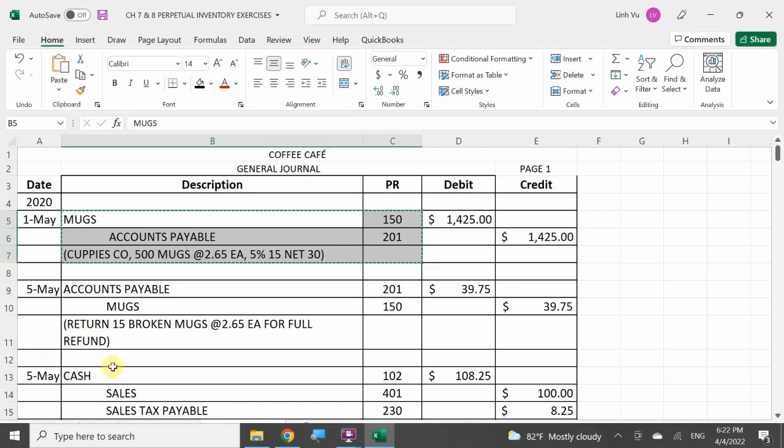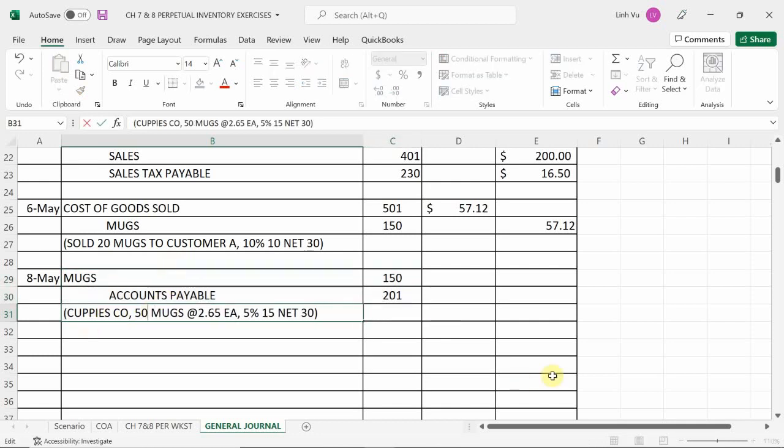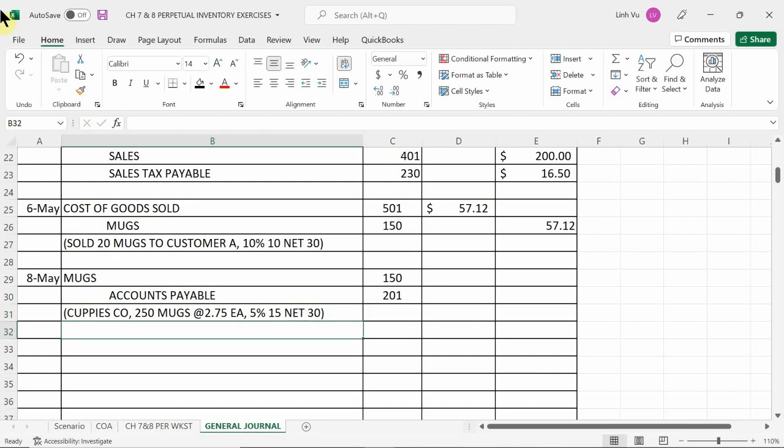That I'm purchasing inventory, right? So therefore, I'm going to recognize my inventory, which is mugs. I paid it on an account. This time, I only purchased 250 mugs at $2.75 each. Okay?